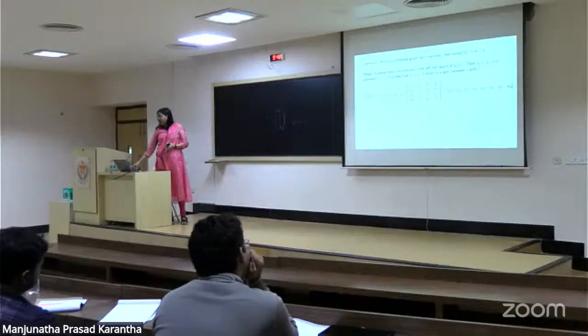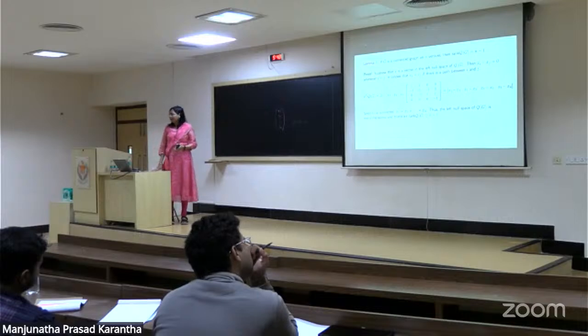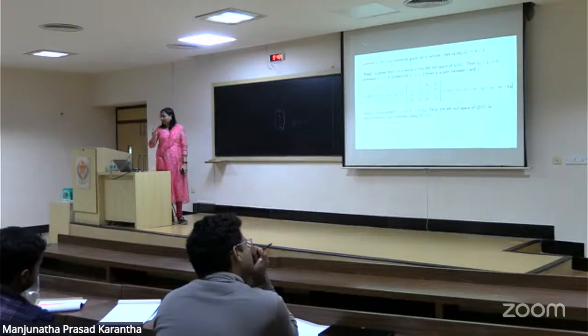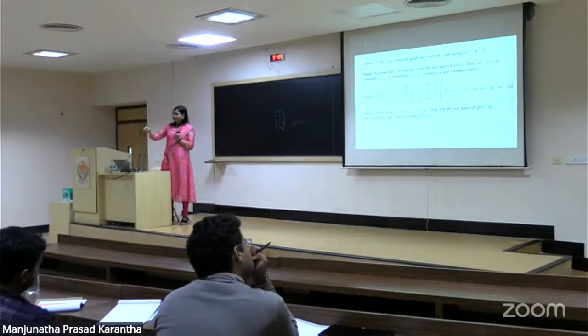Now if I make this equal to 0, then what will I get? x1 equal to x2, x1 equal to x3. Like this, where there is an edge, I'll get those equalities. And the graph is connected. So from every vertex I start, I have an edge to the next one, so those two entries will be equal.